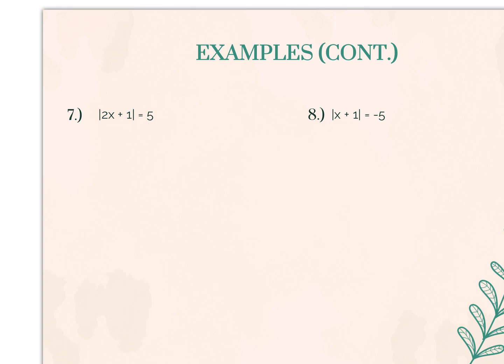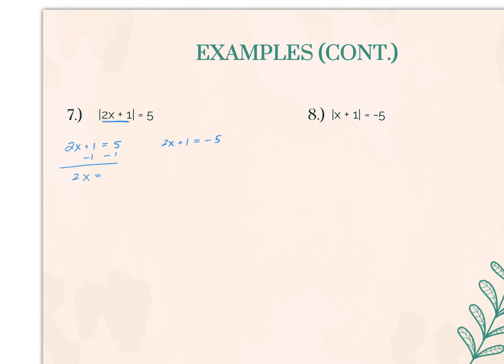So how we set it up, because we're trying to find what x value is going to make the inside either negative 5 or positive 5, is we isolate the absolute value, and we turn whatever's in here into two equations. And we say, okay, 2x plus 1 can either equal positive 5, and 2x plus 1 can equal negative 5. Whatever x value makes it equal to 5 or negative 5 is going to be valid in this equation. So we just solve each one.